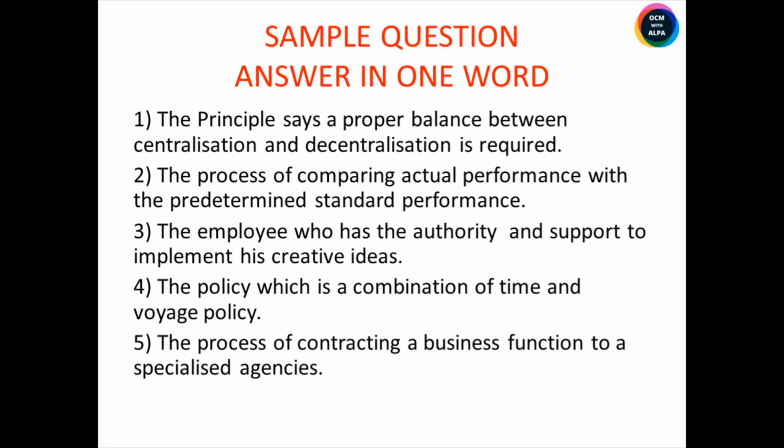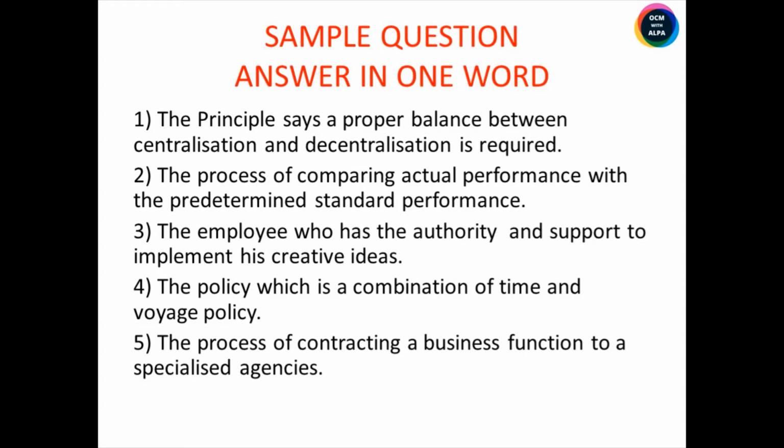Going to the second one, you will find that "the process of comparing actual..." If you see here, they are actually talking about the function of controlling, but nowhere is the word function mentioned here. So the word "process" is a synonym to the word function, and so you should be able to identify the answer.